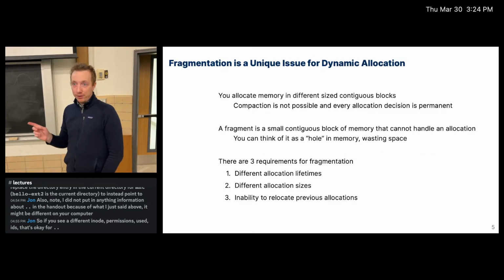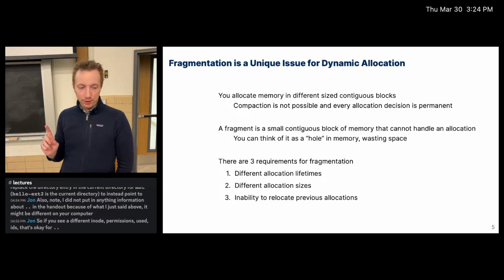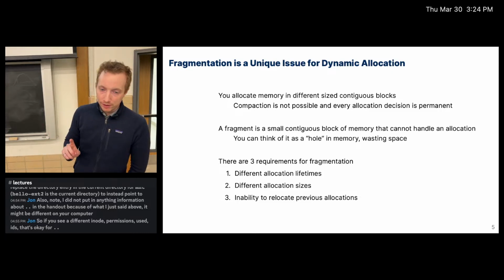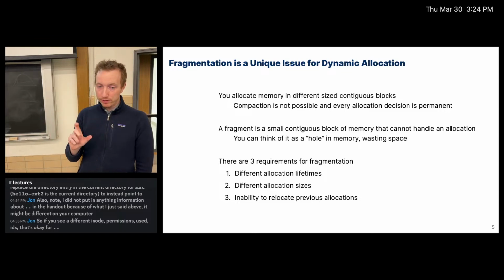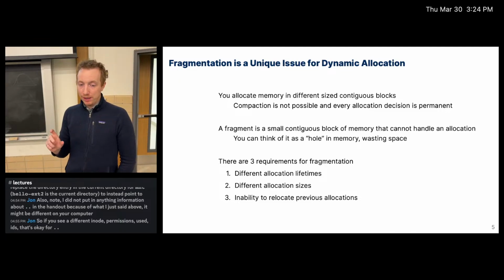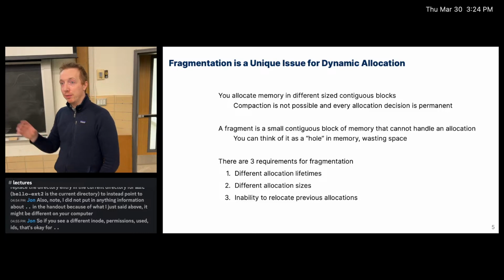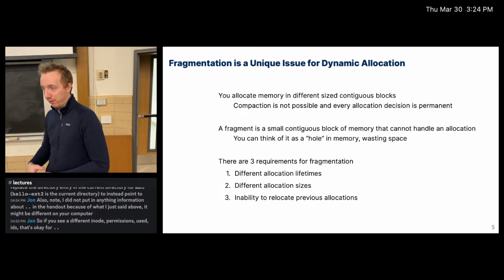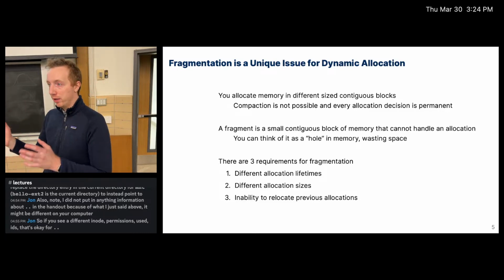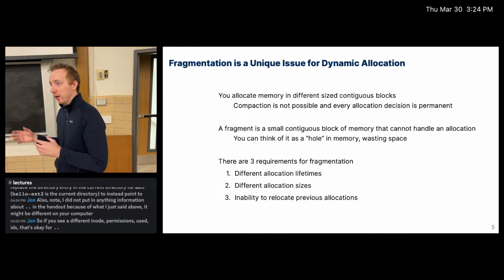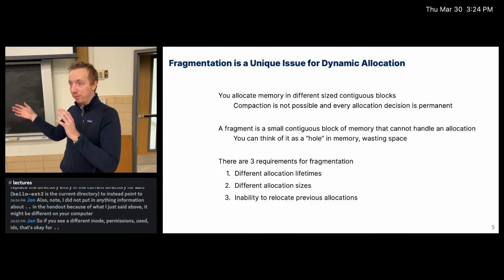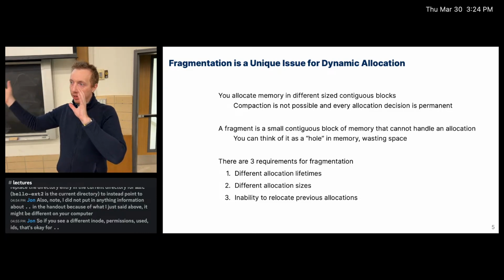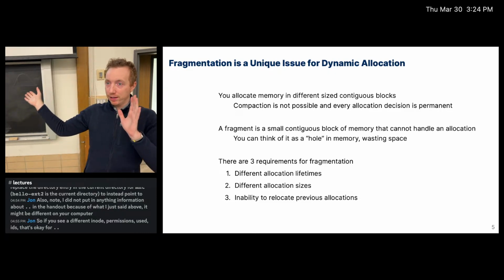Fragmentation is only a unique issue for dynamic allocation. You allocate memory in differently sized contiguous blocks. You could eliminate fragmentation if you freed something in the middle and then moved all the memory together to make sure everything is contiguous.